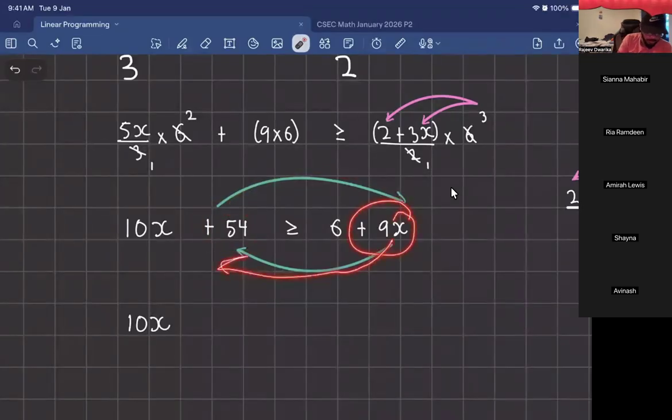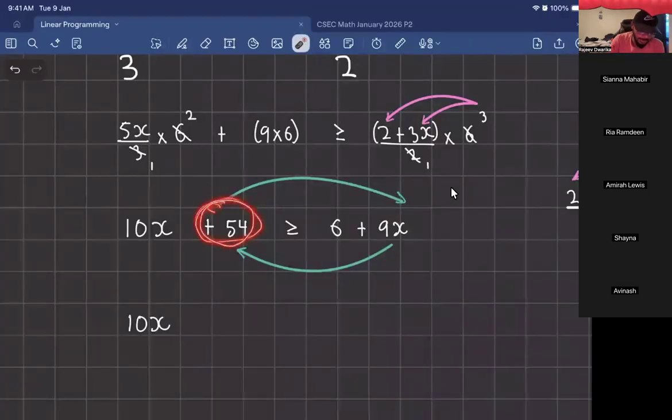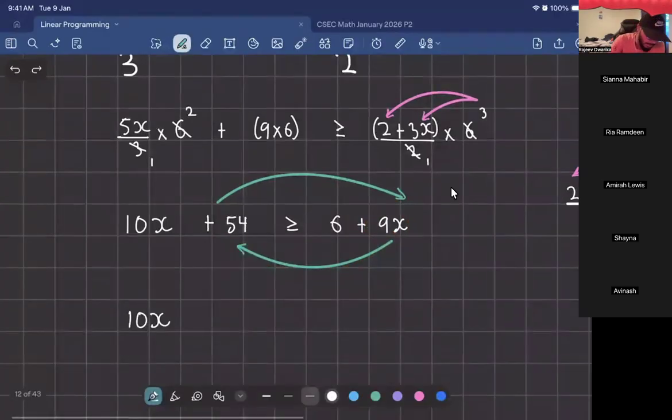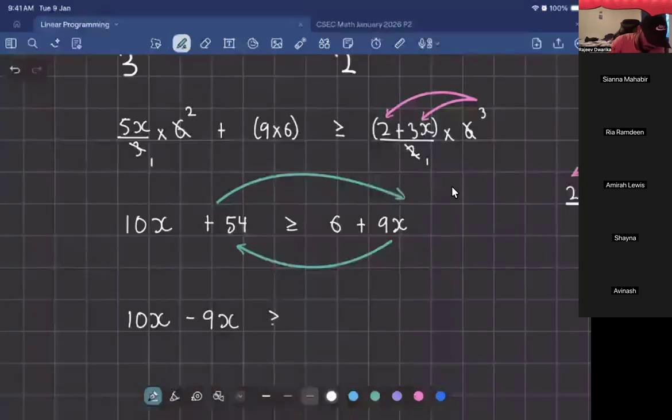If you take it and move it across, what is it going to turn to? Negative 9x. Right. So forget about this plus, because we took this entire thing and moved it across. So the plus 54 is not there anymore. You're actually taking the 9x and putting it in its place. So you tell me what you write here. 10x, and then negative 9x. Right? Okay, and that'll be more than or equal to what?